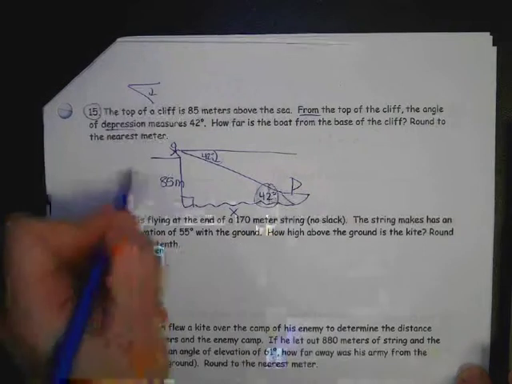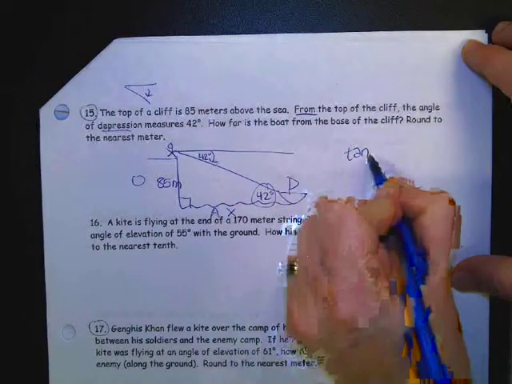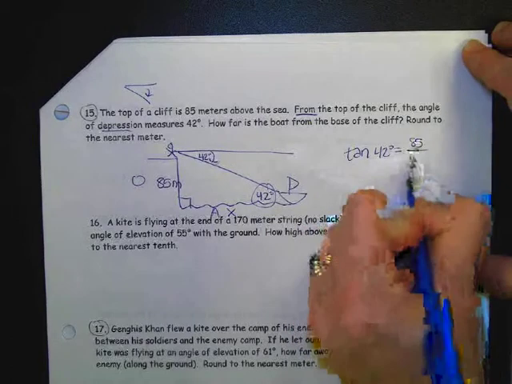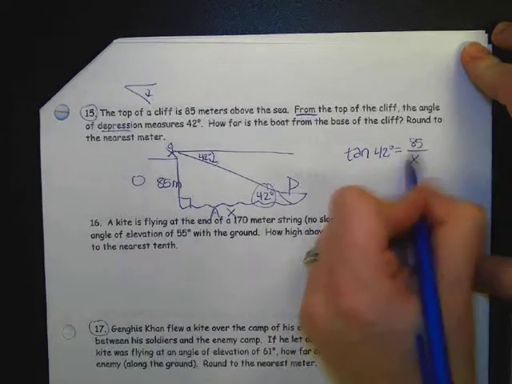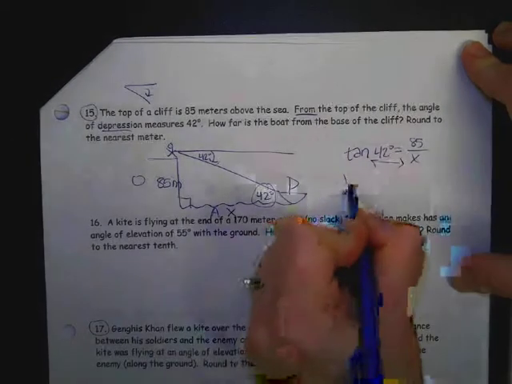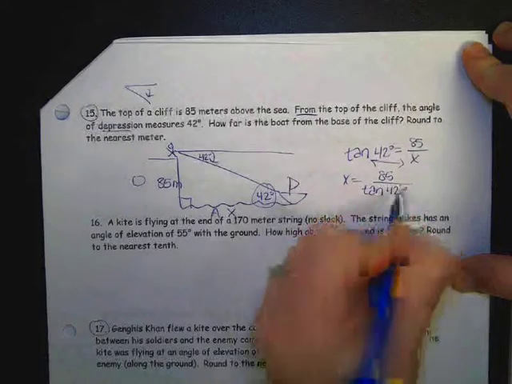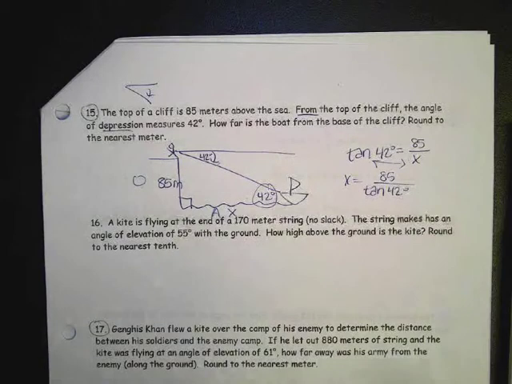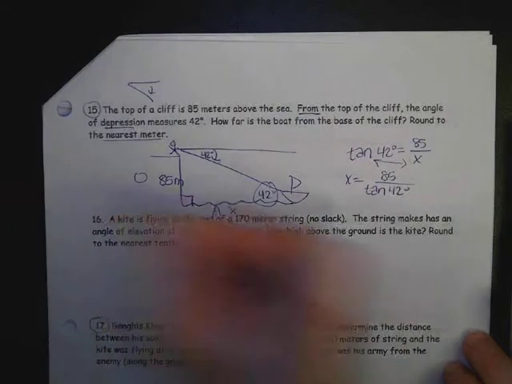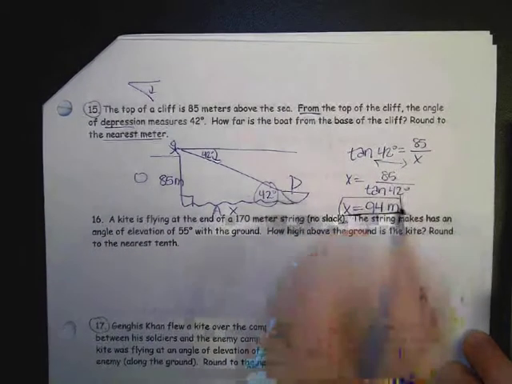According to my angle, I have opposite and adjacent sides, so this is going to be tangent again. So tangent of my angle, 42 degrees, equals opposite over adjacent. This time X is being divided by, so we're going to flip-flop X and tangent and say that X is 85 over tangent 42. Rounded to the nearest meter, meaning whole number, that comes out to 94 meters. Don't forget units.